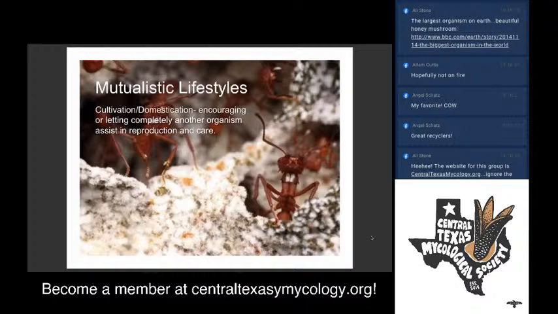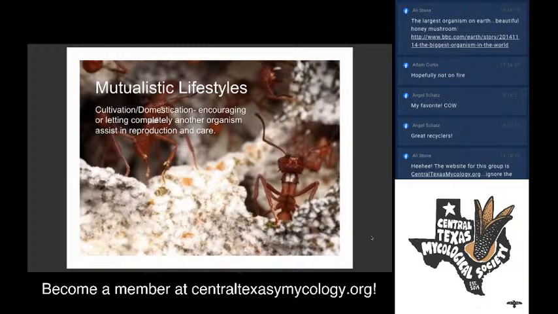And yeah, they care for this. And then when the nest is at a size where it can reproduce and split off, and they make another queen, and she does her thing, the ants take a bit of this mycelial mat with them, and start a whole new nest based around it, and they cultivate it.